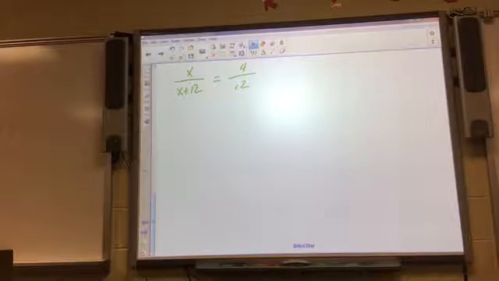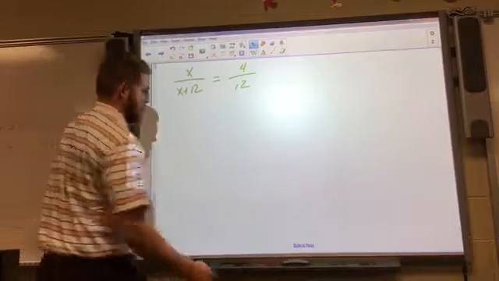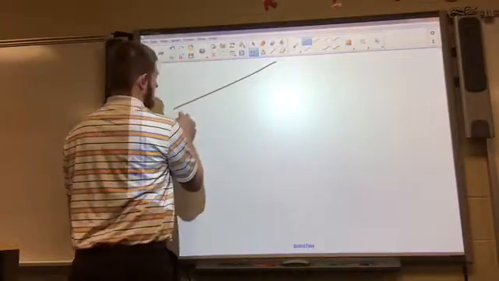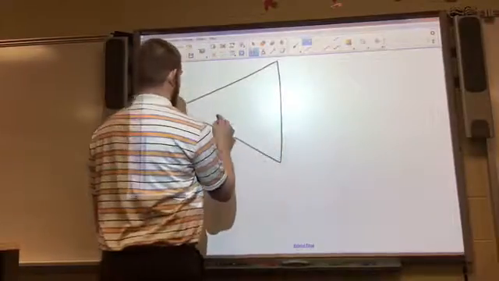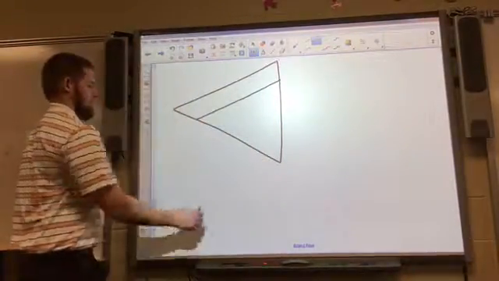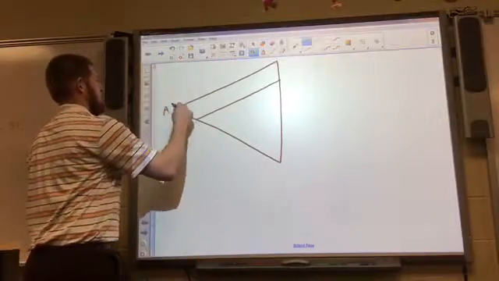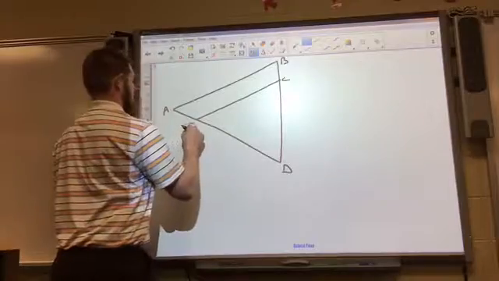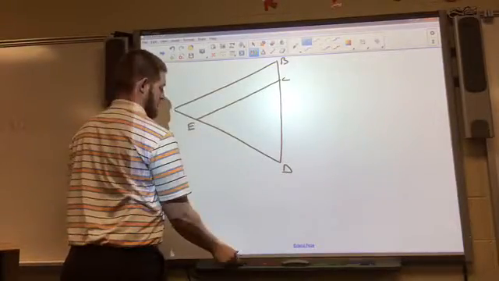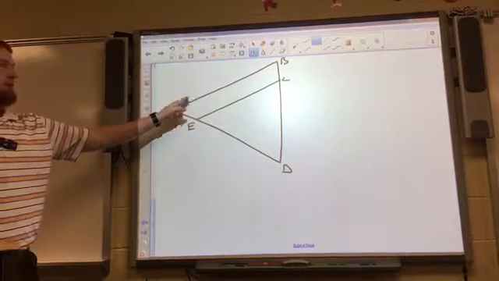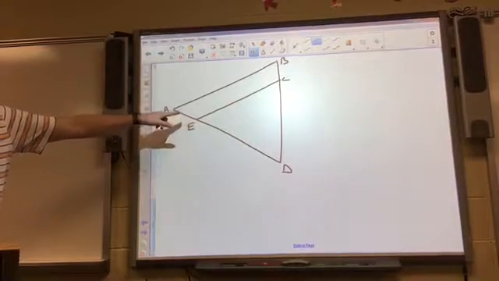Now, I want to take a look at example 2, but I'm going to do one that's not in your book because there's a little extra discussion I want to talk about here. Okay, so I have A, B, C, D, E. We want to know, are those two lines AB and EC parallel?